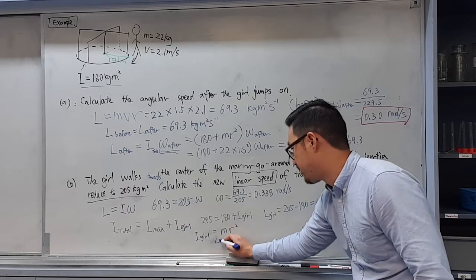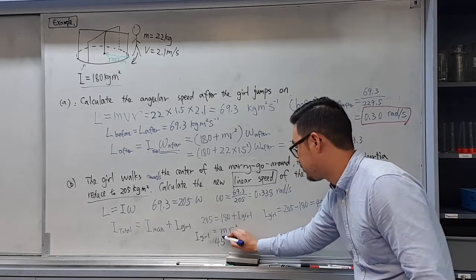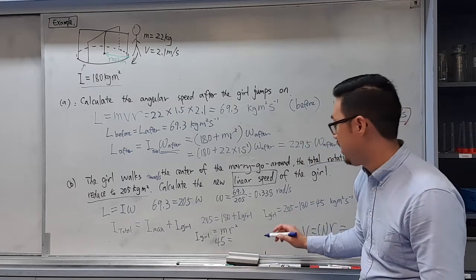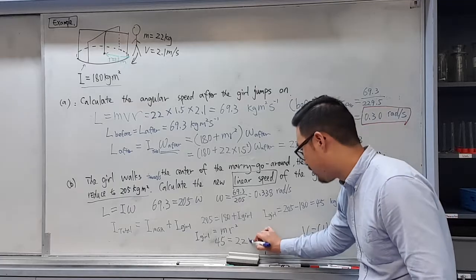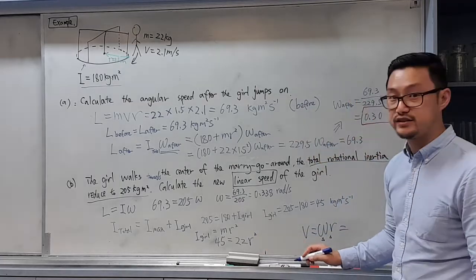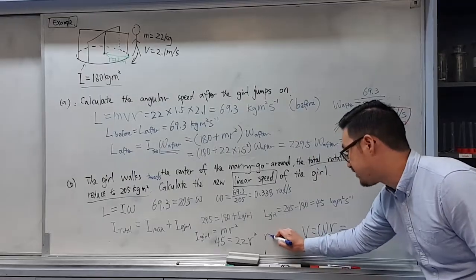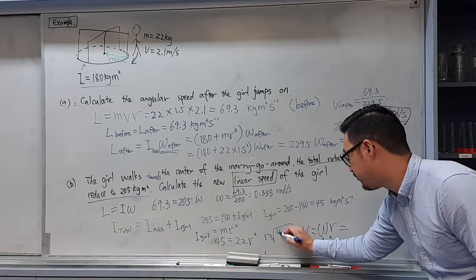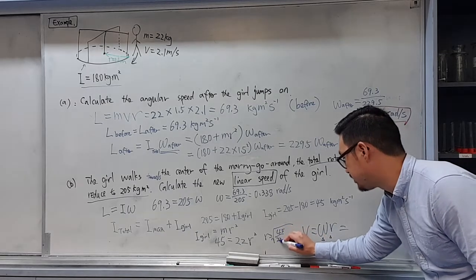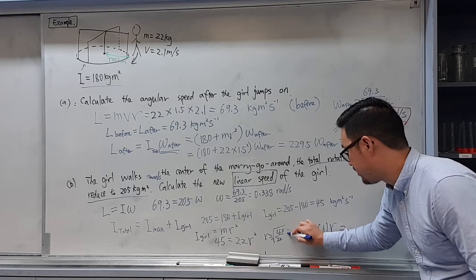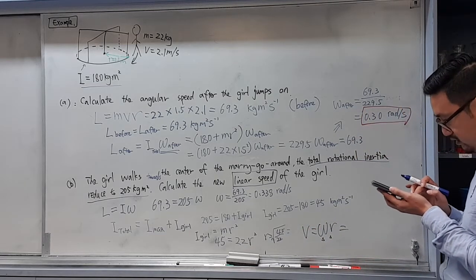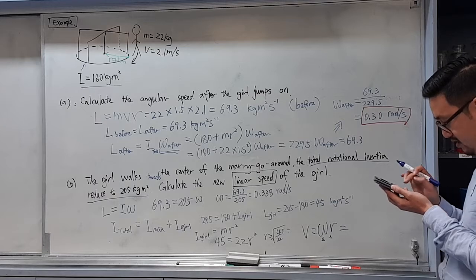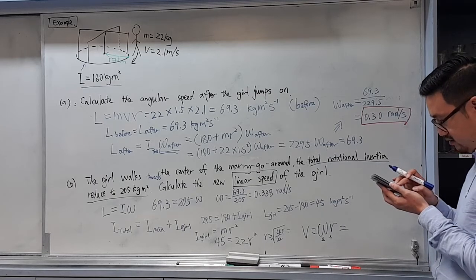So 45 is going to equal the mass, which is 22, times the new radius squared. So now r is going to equal the square root of 45 divided by 22.